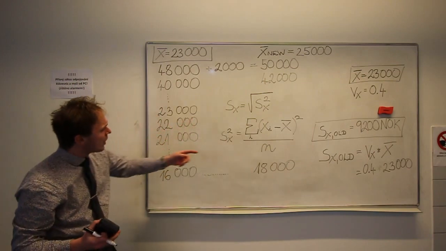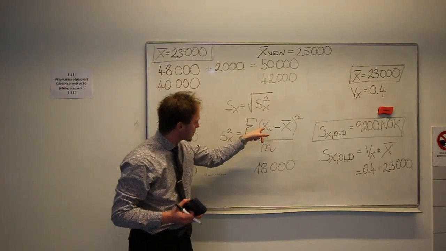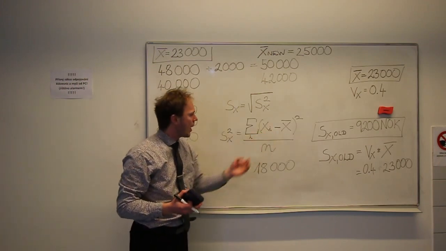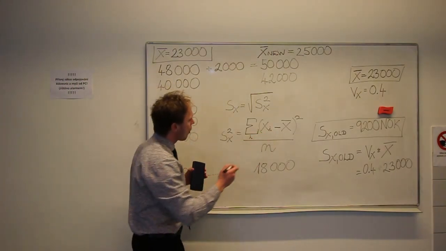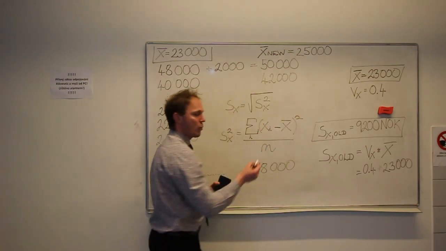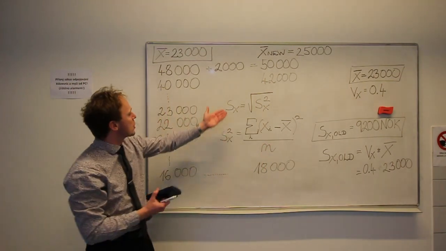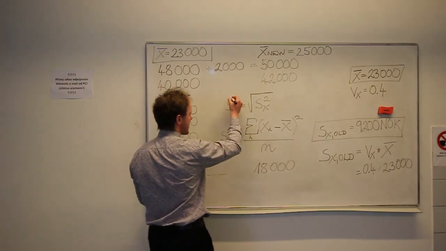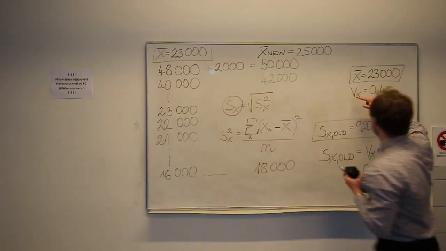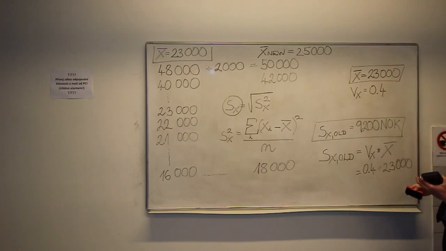And now the mean is higher by 2,000 Norwegian crowns, and all values in our sample are higher by 2,000 Norwegian crowns. So these differences will be the same, the squared differences will be the same, the sample size is the same, so the variance is the same, so the standard deviation is the same. Okay, so we will calculate the new variation coefficient.